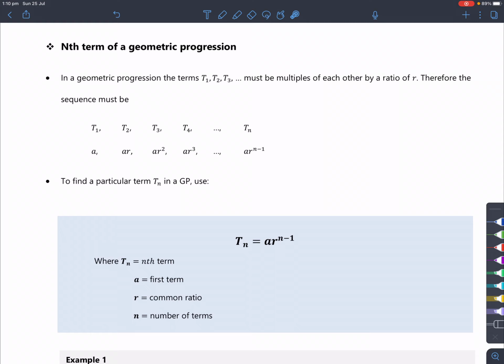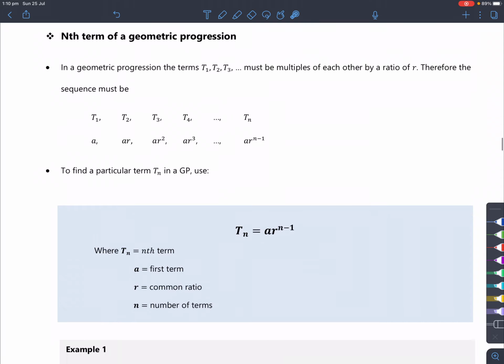So you'll notice that t2 is ar, t3 is ar squared, t4 is ar cubed, and so forth. But I want you to have a nice look at the term number and the power. That power is always 1 less than the term number. So if the term number is n, then the power of r would be n minus 1. Generally speaking, Tn equals the first term times the ratio to the power of n minus 1.